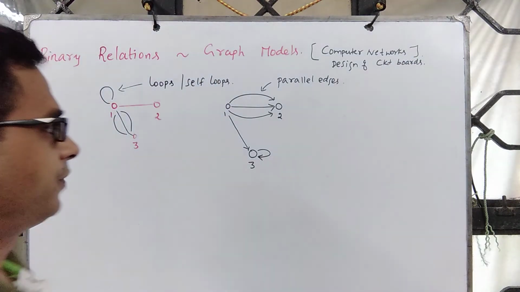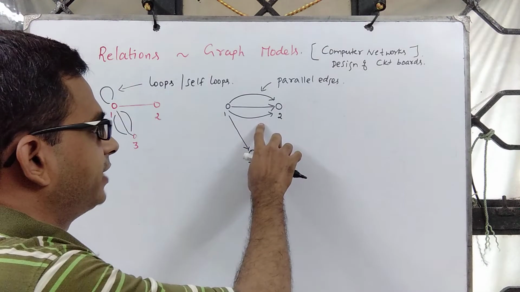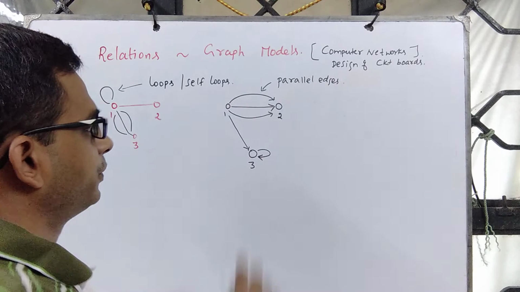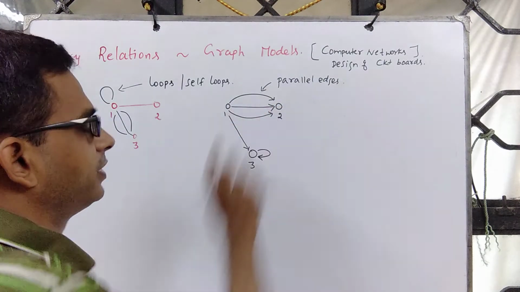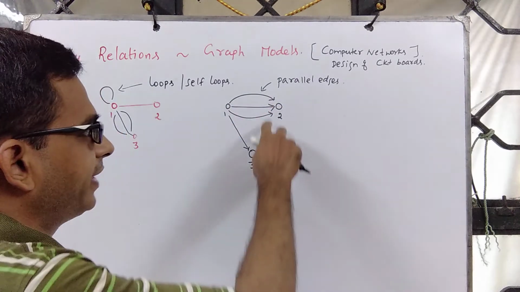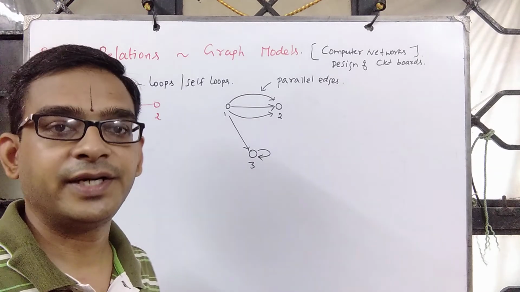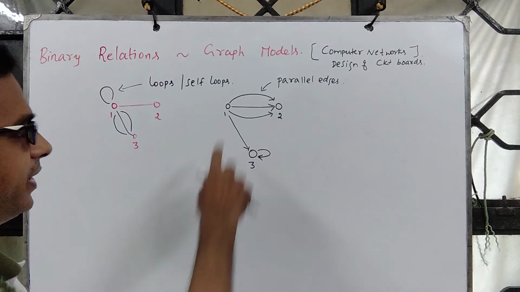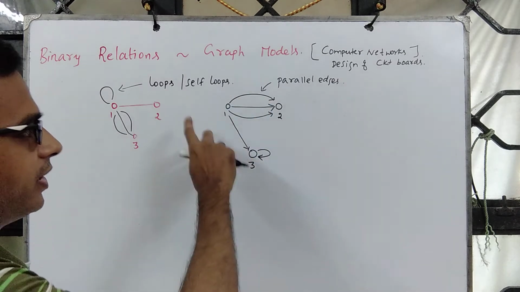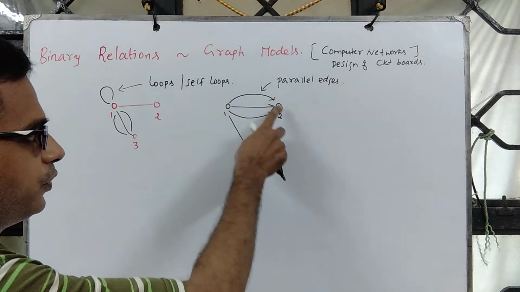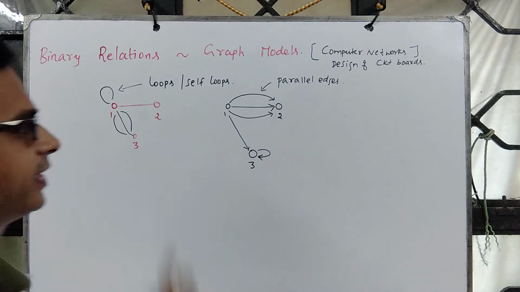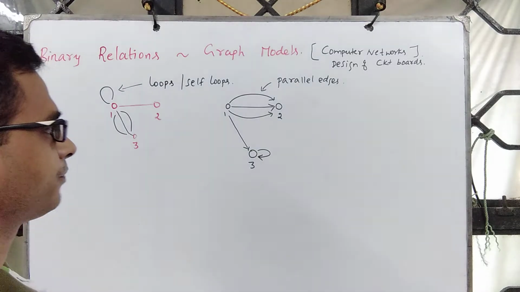Now, to ensure that in case this link goes down, you still have a way to reach node 2, we provide parallel edges when we design computer networks. And in case the edge turns out to be like 1 to 2 as well as 2 to 1, then it becomes an undirected graph.